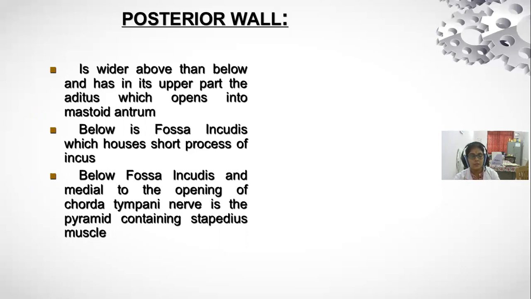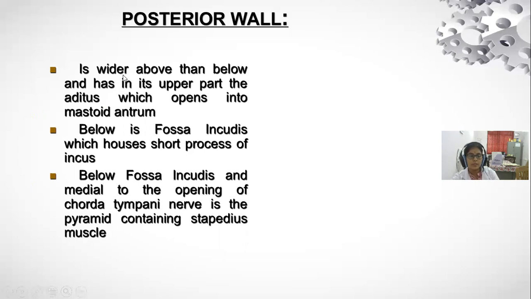It's not like four walls, so it is very difficult to differentiate. The medial wall and posterior wall continue without any deviation. There is no exact demarcation between the medial and the posterior wall.